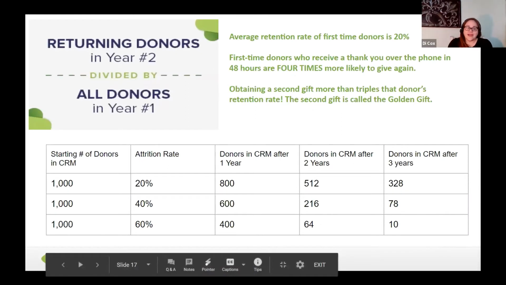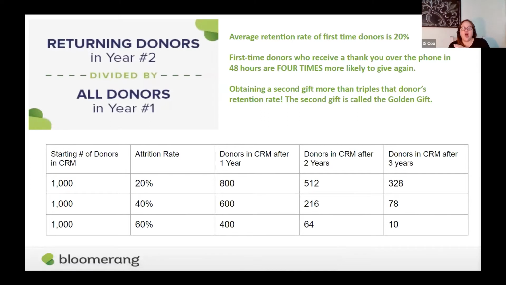So for anybody asking how donor retention is measured, it's measured by taking all of your returning donors in year 2 and dividing them by all of your donors in year 1. So this chart on the slide is going to show donor attrition rates at 20%, 40%, and 60% over the course of 3 years.